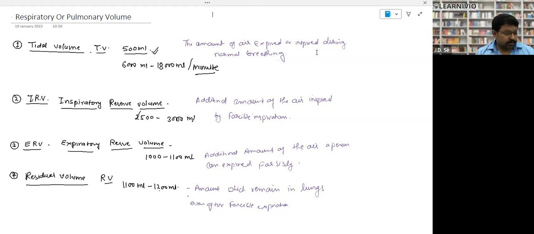Full stop. Thus, it is forced expiration. It is about 1000 to 1100 ml.